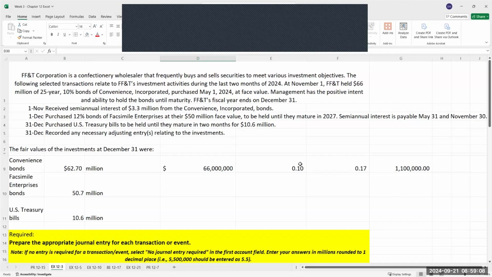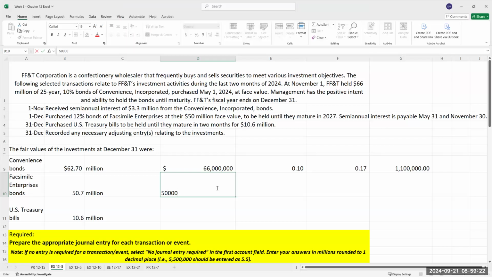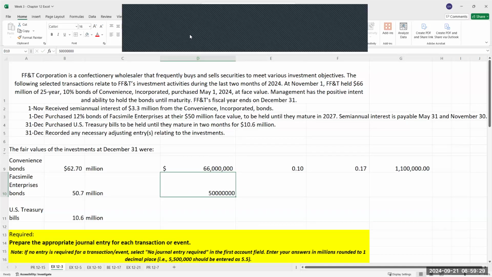So in this case, we know that the bonds are worth 50 million. We have 50 million. The interest percentage is 12.